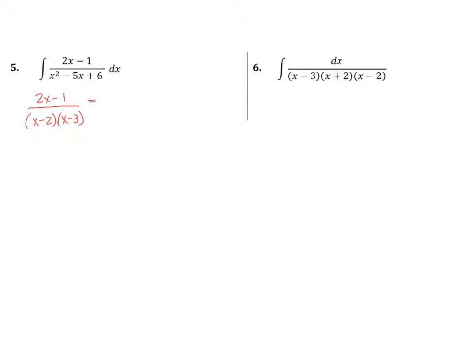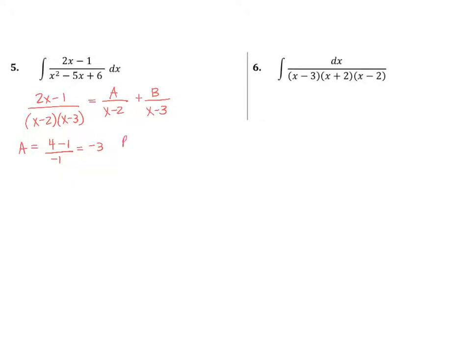And again, we need to find our value of a over x minus 2 plus our value of b over x minus 3. And again, going through with that one, substituting in, we are going to find a. We're going to plug in a 2, so that's going to be 4 minus 1 over 2 minus 3. So that's going to give us a negative 3.